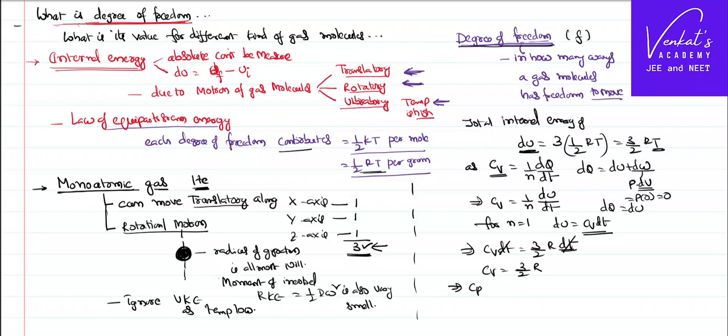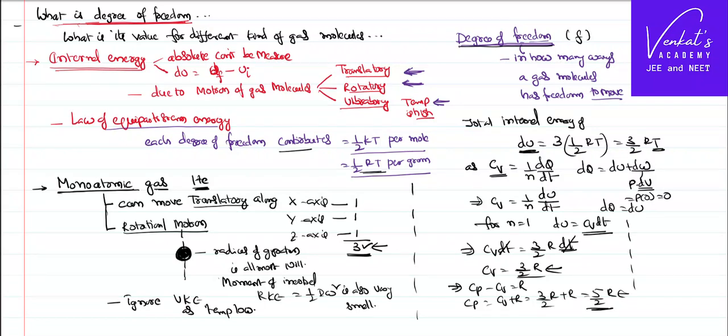And we know Cp minus Cv equal to R, Cp equal to Cv plus R. We found Cv as 3 by 2 times R, plus R. So it becomes 5 by 2 times R. So we got the values of Cp and Cv of a monoatomic gas.